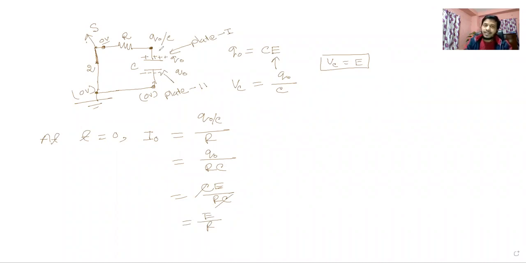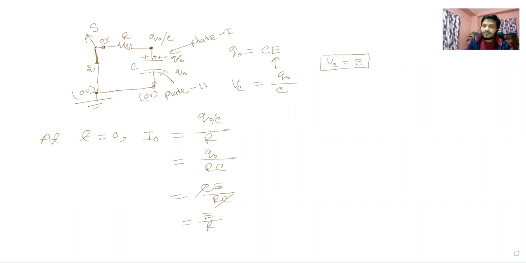It can also be explained in another way. The voltage across this capacitor is E, and the capacitor and this resistor are connected in parallel, right? And we know that parallel branches have the same voltage across them.